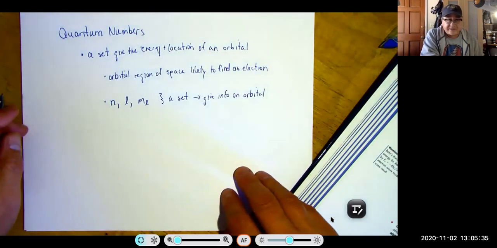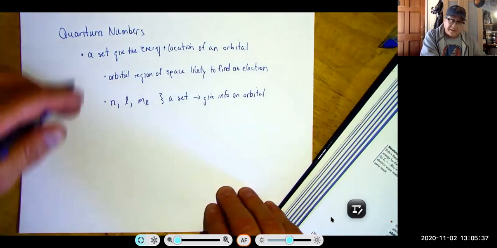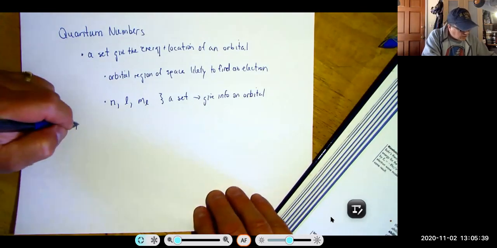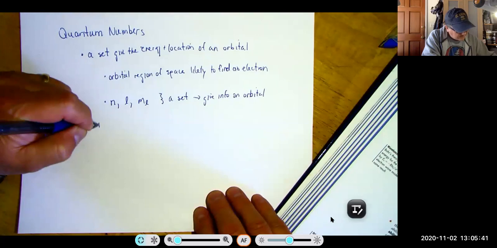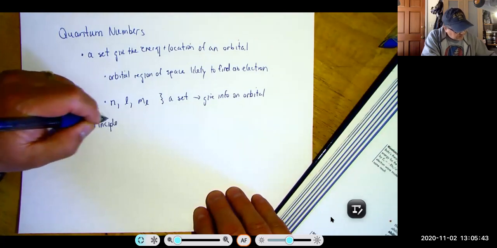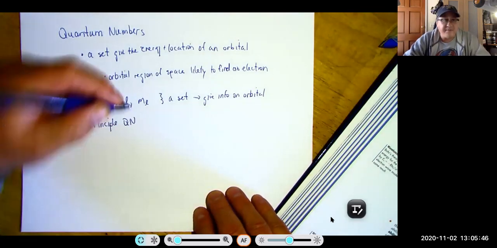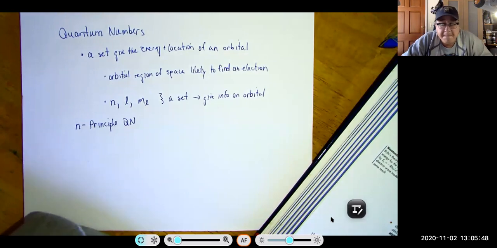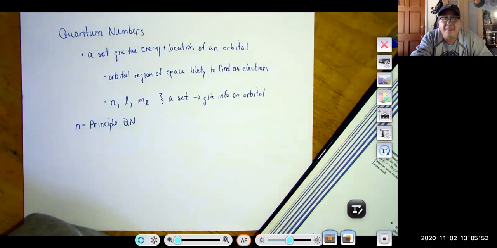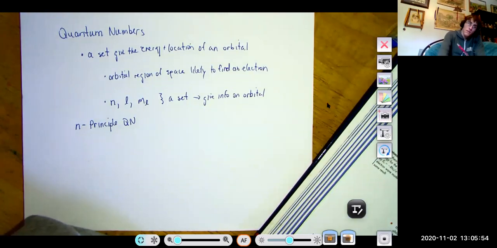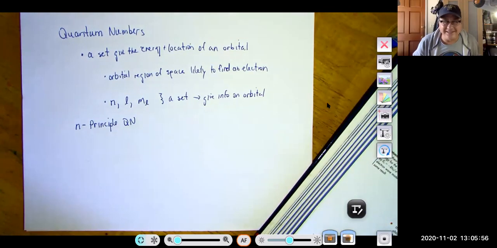Didn't realize how late it is. I'm going to go ahead and summarize this as quickly as I can. So N is called the principal quantum number. So what does Qn mean here? Quantum number. Yeah, because I don't want to write that all out.